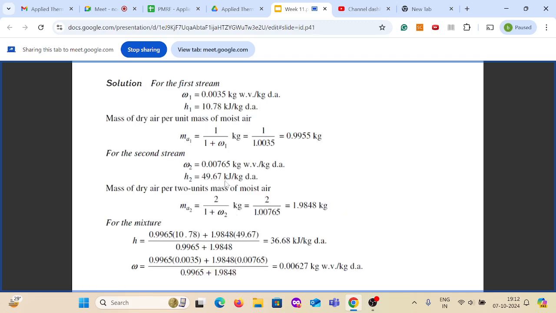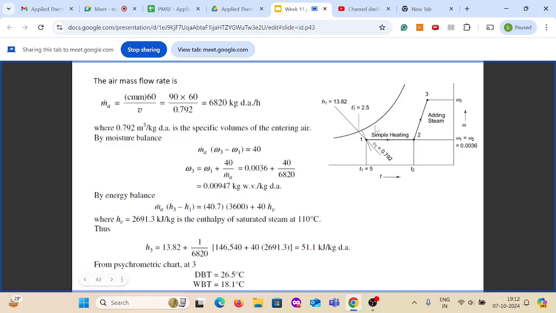If you rearrange it, you get m dot A times (H3 minus H1) equals the heat added, which is 40.7 kilowatt. We are converting into hours because everything is on an hour basis, so divide by 3600, plus 40 times the enthalpy of water vapor added at 110 degrees Celsius. That enthalpy is 2691.3 kilojoule per kg. Substituting here, the enthalpy at state 3 comes out to be 51.1 kilojoule per kg of dry air.